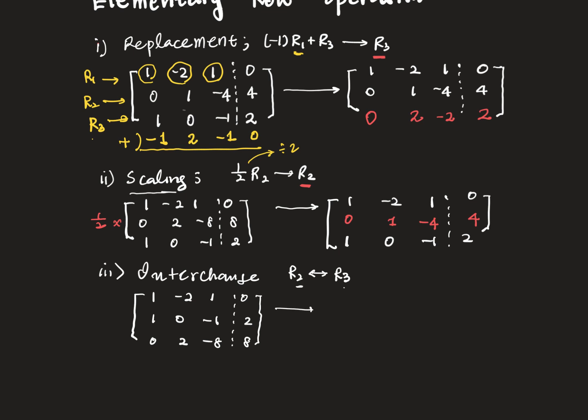R2 goes to R3, so this one goes to R3: 1, 0, -1, 2. And R3 goes to R2: 0, 2, -8, and 8. That's the fundamental row operations, guys, okay?